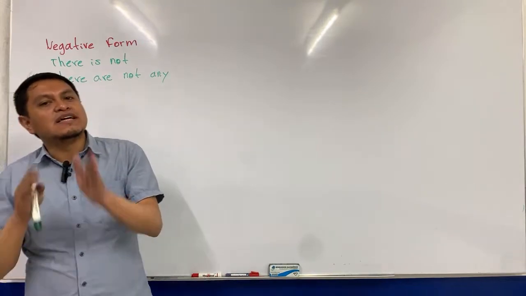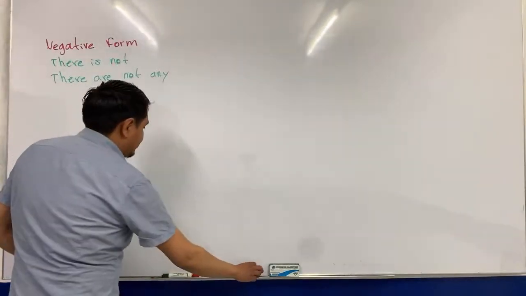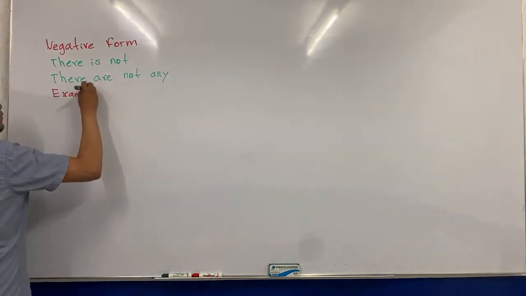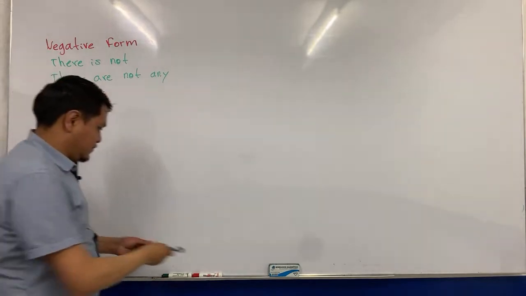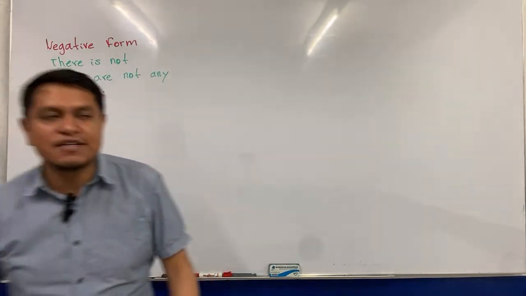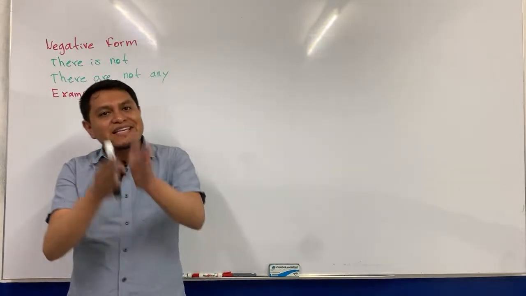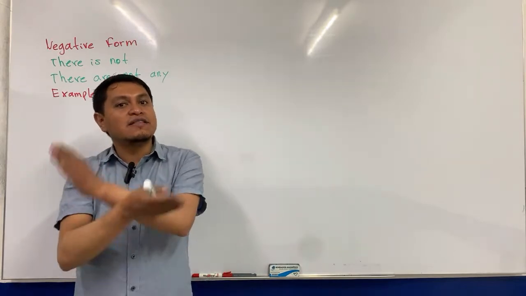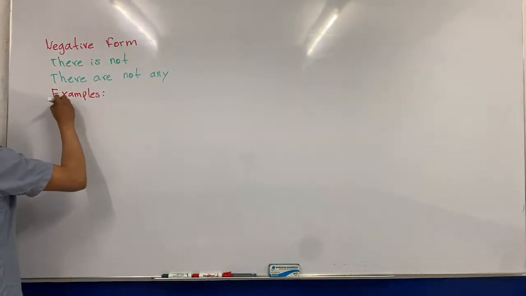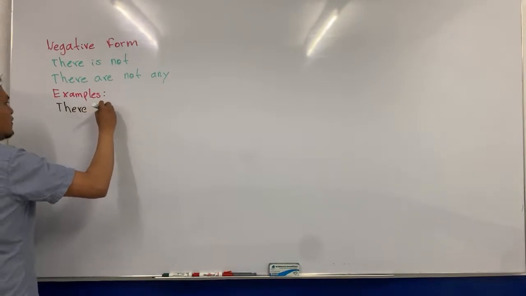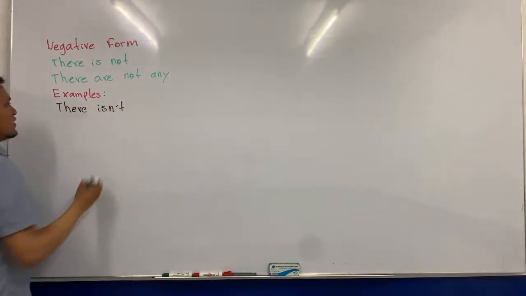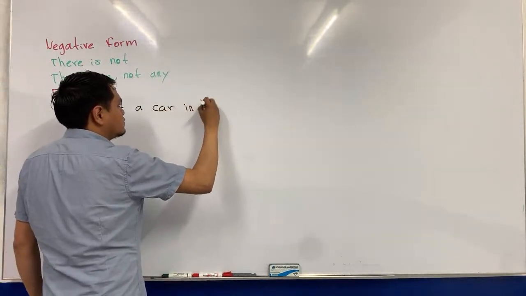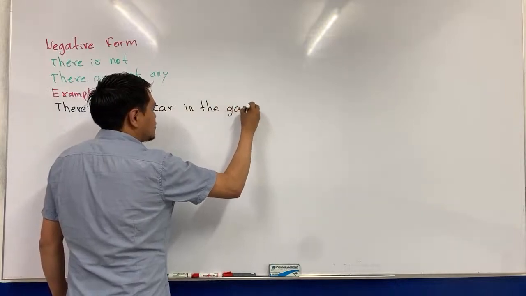Look at the following examples. For this, check this example. There isn't, the contraction for is not. There isn't a car in the garage.